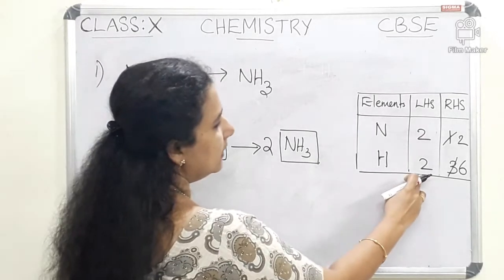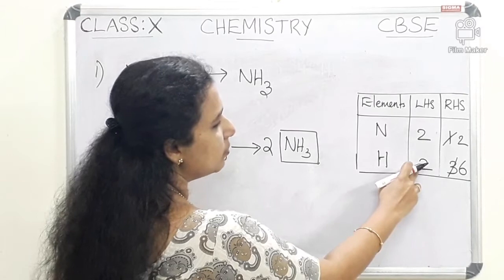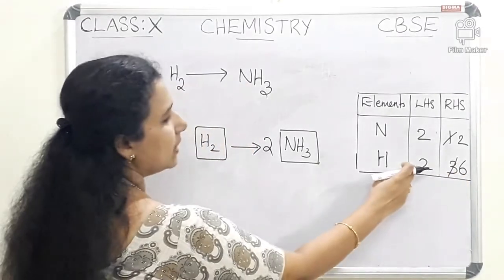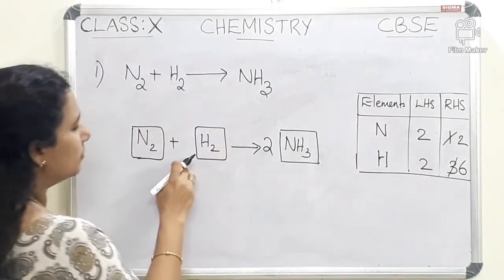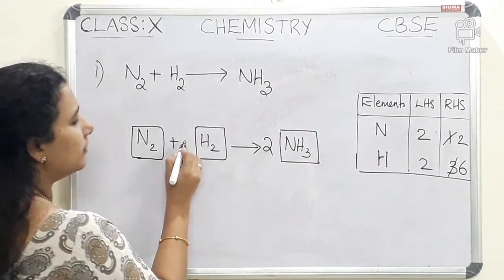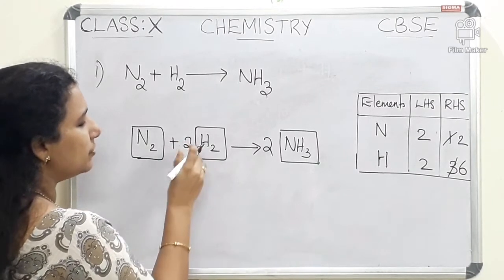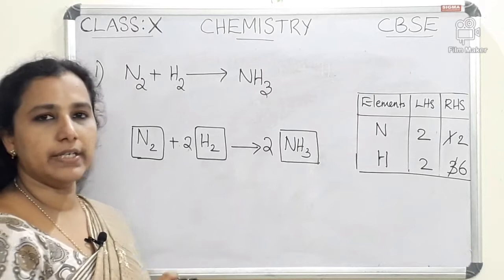Then again there is a change. We have to go to the LHS, and the hydrogen there should be 6. If we add 2, we will get only 4 hydrogen atoms.